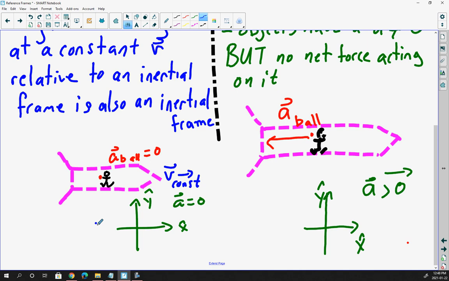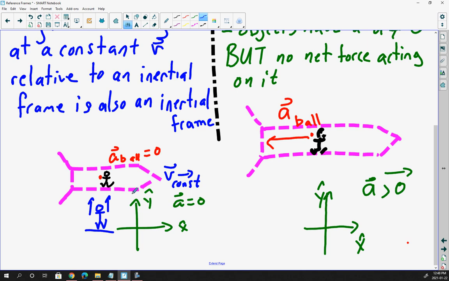In another reference frame, let's say someone on a space station watching this, they would see that the person releases the ball, and the person and the ball and the whole spaceship all move forward with a constant velocity, zero acceleration.